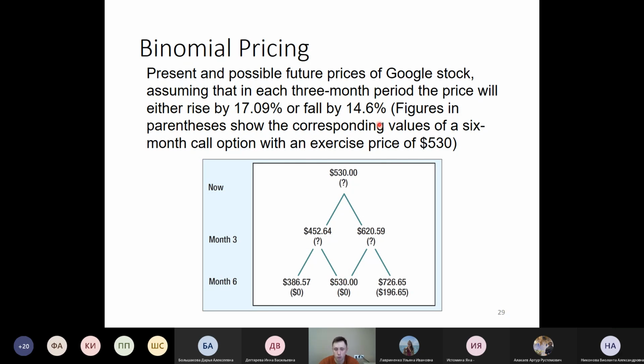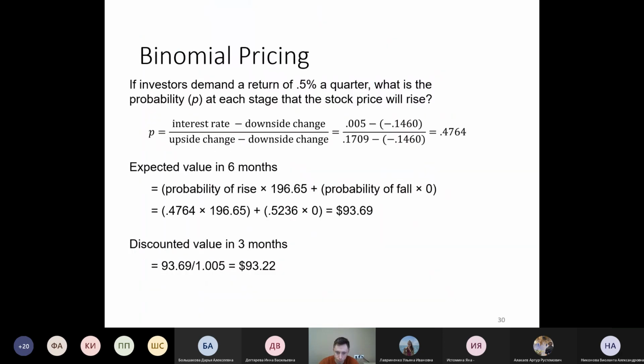This interest rate is determined in a way to balance it out. So if it first goes up, then it goes down, we reach the same point, and if it first falls and goes up, we also reach the same point. And we will approach further the way we determine it numerically.